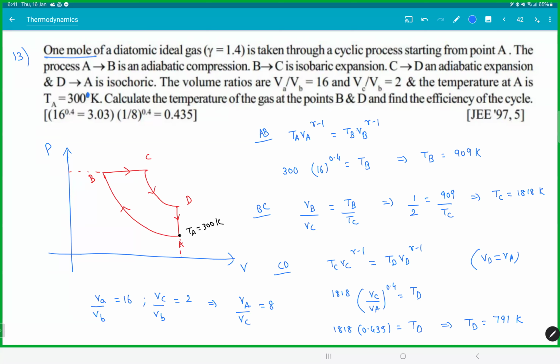Next thing. Now we have to fill up the table.